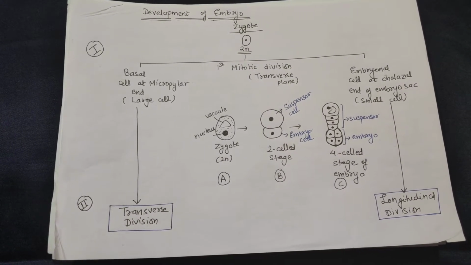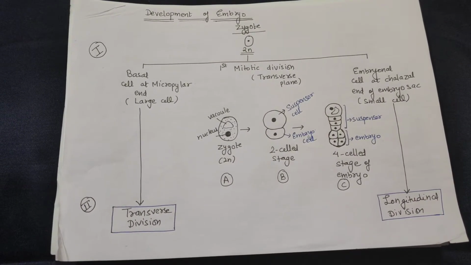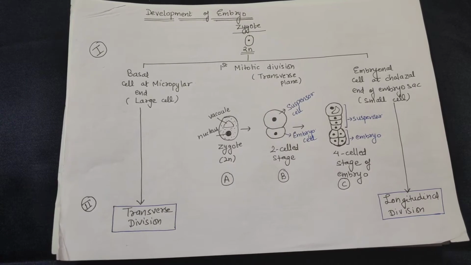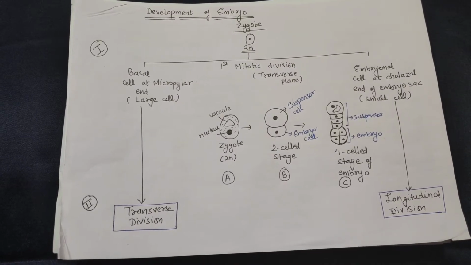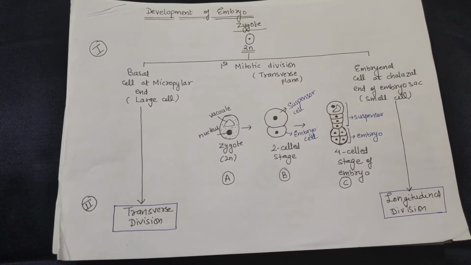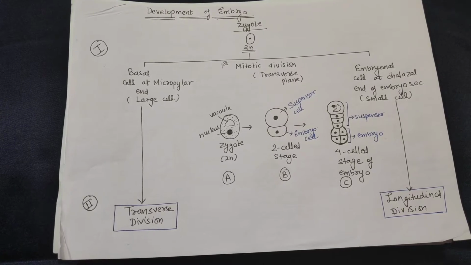Endosperm is always formed prior to the development of embryo because endosperm is a nutritive tissue, and in order to provide the fast developing embryo complete nutrition, endosperm is formed before the embryo develops.